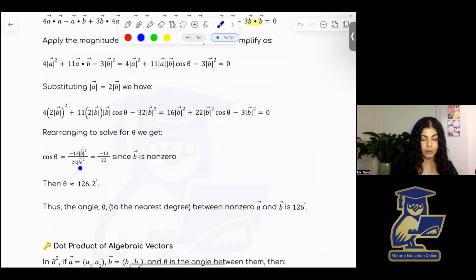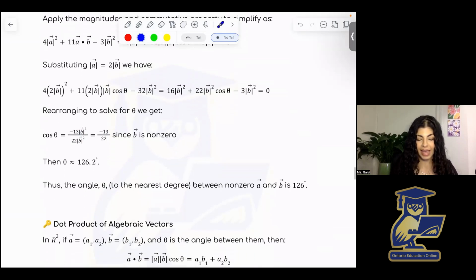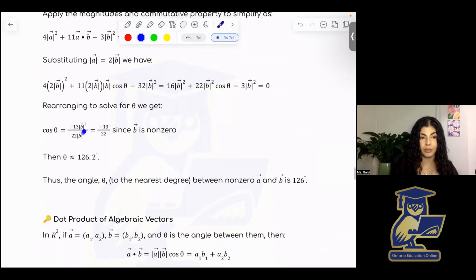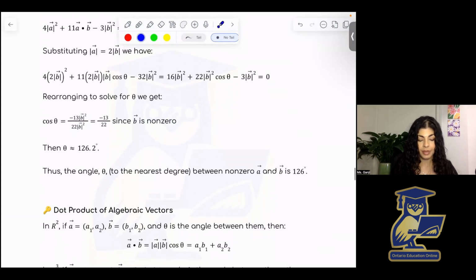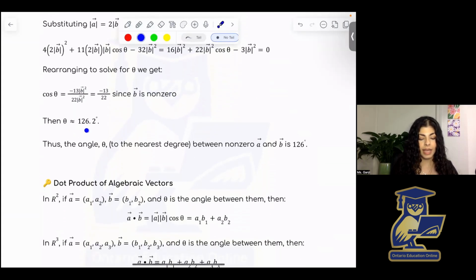And these two magnitudes, and they're positive as well, so they're going to cancel out, and I'm left with negative 13 over 22. And since b is non-zero, this was an important feature as well. I can do this canceling out because I'm not getting an indeterminate case. And finally, theta is 126.2 degrees.